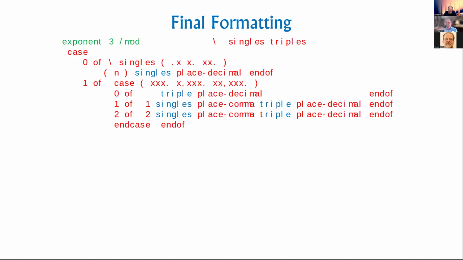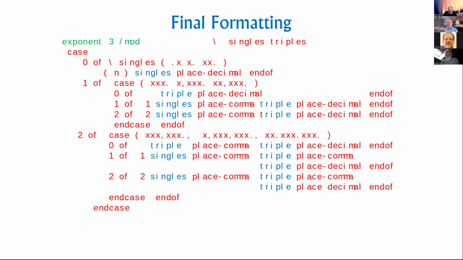If you have no singles, 1 single, or 2 singles. In the case, for example, of 2 singles, we process the 2 single digits that come across. We then place a comma, and then we place a triple, and then finally place a decimal point. So it reads just like you would on the text. Process the singles, process the comma, take care of the triple that follows, and then put in the decimal point.